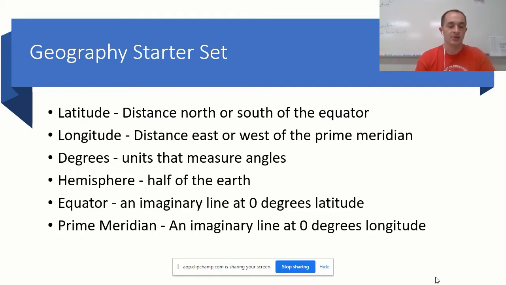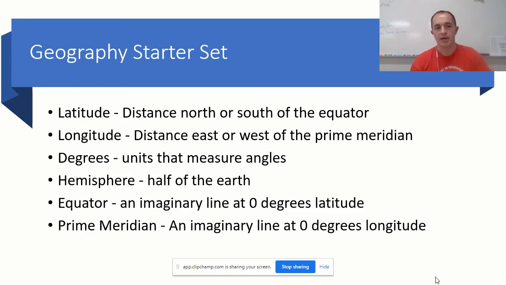Hemisphere is half of the Earth. Equator is an imaginary line at 0 degrees latitude, so in the middle, and then prime meridian is an imaginary line at 0 degrees longitude in the middle. So these are some of the basic ideas that we need to know for geography.